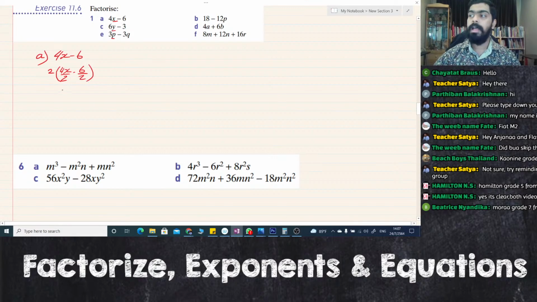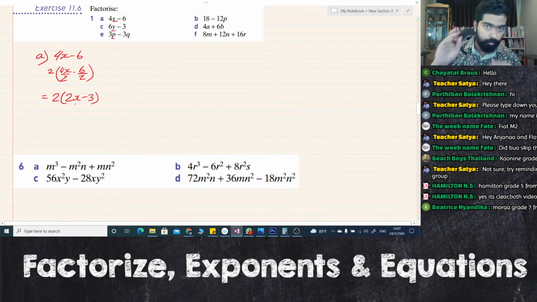The final answer is 2 in front of the bracket. Inside the bracket, 4x over 2 gives us 2x, minus 6 over 2 gives us 3. So that would be our final answer. If it's a bit confusing, don't worry about it. We'll do it step by step.